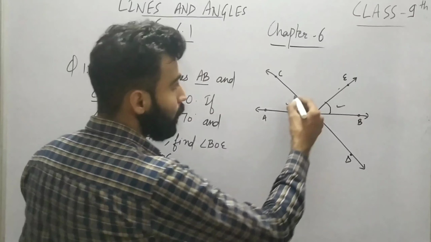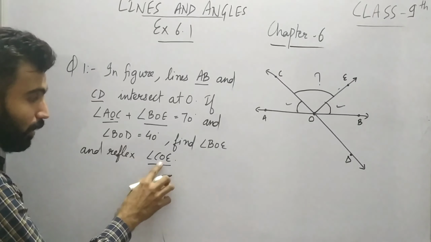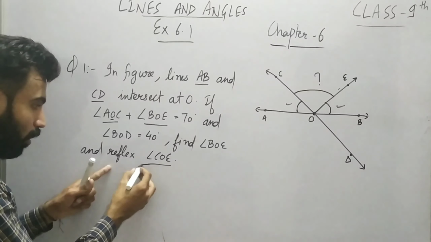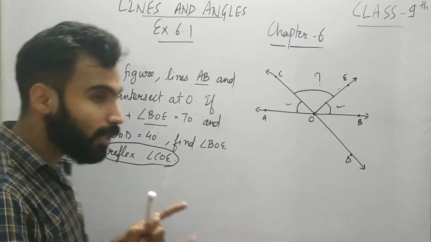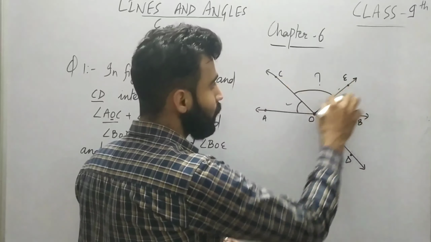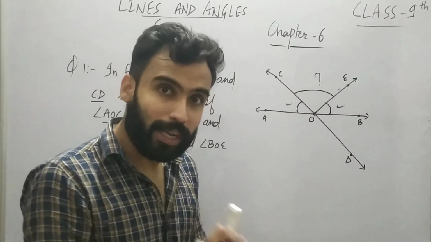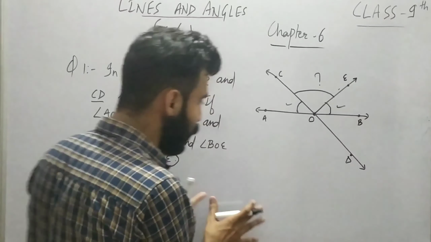Now you will see this angle is missing. And we also have to find out angle COE, but there's also a thing written here as reflex. Now what is the reflex angle COE? We know angle COE is this. So we know the COE angle, but what is the reflex angle COE? Let me first explain it to you right here.